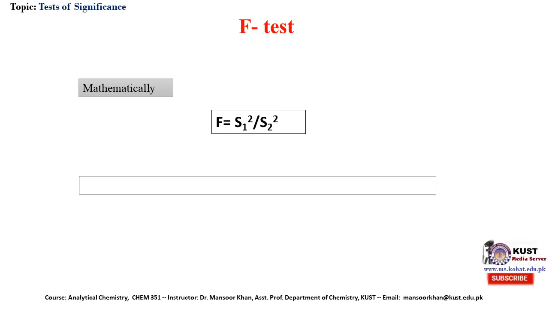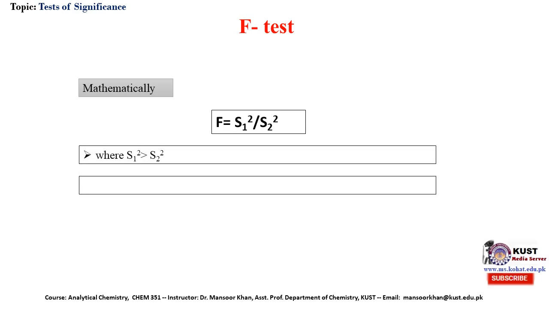S1 squared is the variance of your newly developed method, and S2 squared is the variance of the accepted or published method, where S1 is greater than S2.